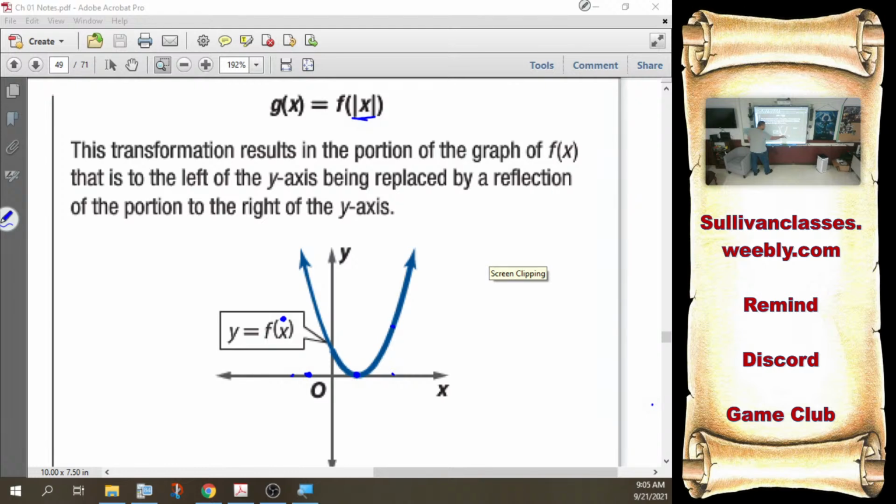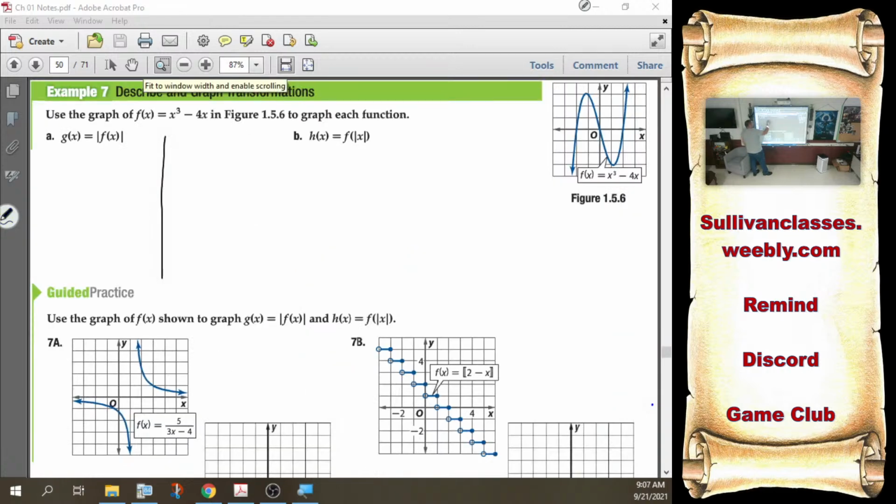So, they say use this to graph each of these functions. First, let's get bigger. There we go. We'll just sketch graph because I forgot to actually put the graphs on here. Whoa.